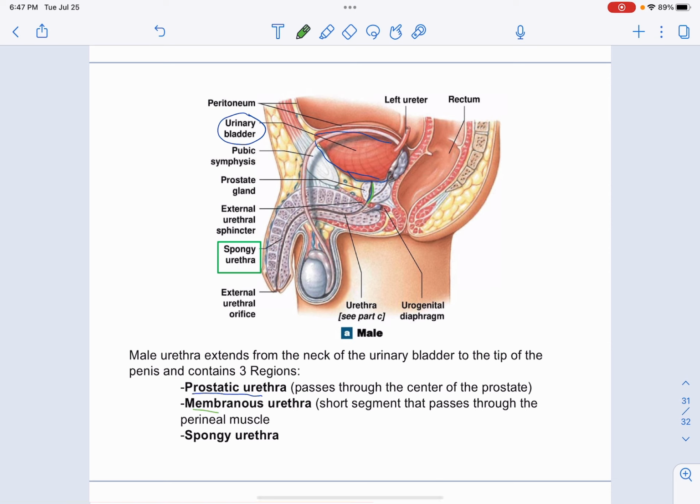There is a membranous urethra. That is this short segment that's going to pass through this little muscle right here, the perineal muscle. And then there's the spongy urethra. All right, and that's this region right here that's going to go all the way through the penis. So there are 3 separate areas that make up the male urethra.